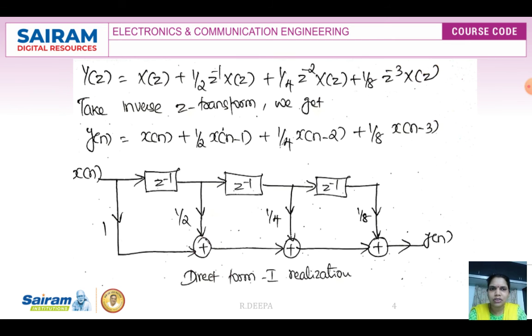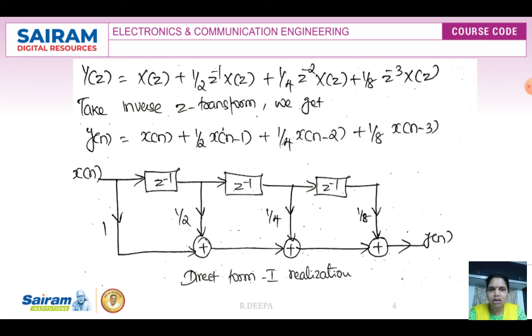Next, as I need only y of z, x of z is taken to the right hand side and it is multiplied with each and every term. So let us take the inverse Z transform of the above equation so that we will get the output y of n. If you take the inverse Z transform, the inverse Z transform of y of z will be y of n, and the inverse Z transform of x of z will be x of n, and 1 by 2 z power of minus 1 x of z, whose inverse transform will be x of n minus 1, plus 1 by 4 x of n minus 2 plus 1 by 8 x of n minus 3.